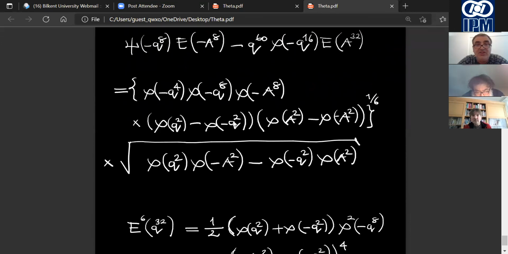So this expression here to the 1 over 6th power, multiplied by this square root here. Now, if I use that parameterization, this thing here will be simple, this here will be simple, but these again, I need to use nested roots because they don't have representations in terms of alpha and z.